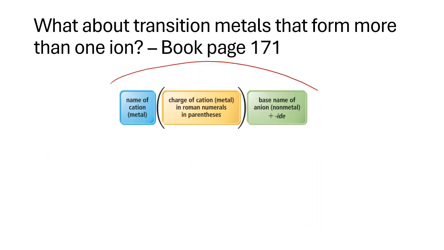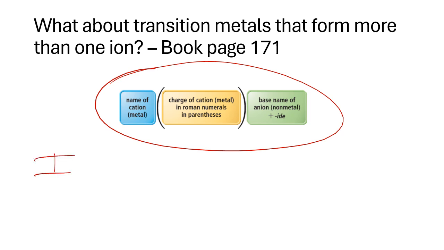And then we're going to do more difficult ones later, where the cation has multiple charges. If it has one charge, or if it's a +1, then no numeral is needed.